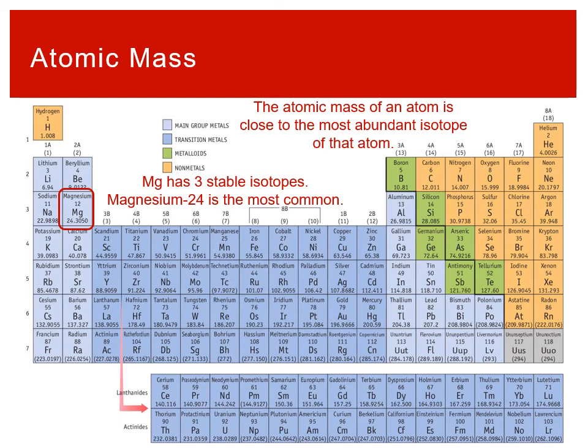If we look over here in the top right, we can see it's like 12.01, 14.01, almost perfectly 16, almost perfectly 19. That's because those elements really only have one dominant isotope. And you could predict for carbon it's 12. For nitrogen it's 14. For oxygen, it's 16, and for fluorine, it's 19, right? They are basically only one isotope, so the average atom is just that isotope.